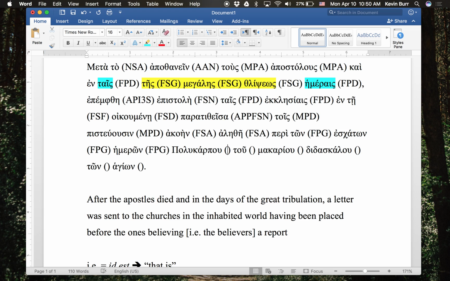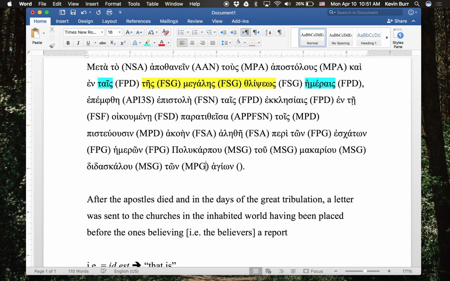Polykarpou is the genitive form of the name Polycarp, Polykarpos. So this is masculine singular genitive, and the rest of these singular genitives modify Polykarpou. So these are also masculine singular genitive. And from the days of Polykarpou, the blessed or fortunate teacher of the saints, or of the holy ones.